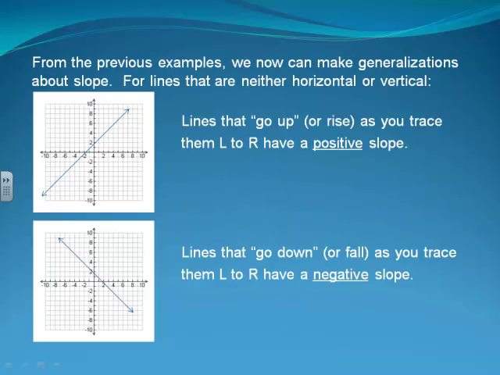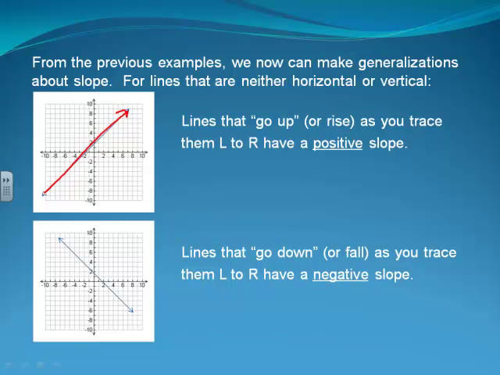Okay, so from all those previous examples, we can now make generalizations about slope. For lines that are neither horizontal nor vertical, as you look at lines and trace them left to right, for example, here if I was to trace this line left to right, lines that go up or rise as you trace them left to right will always have a positive number as a slope.